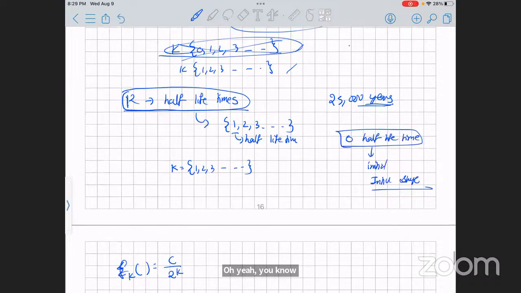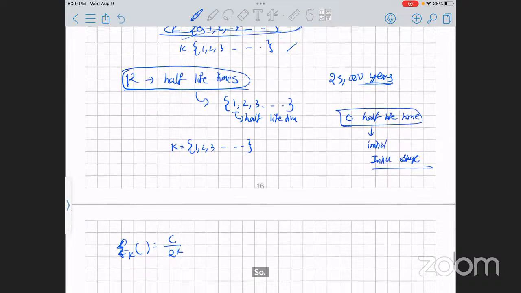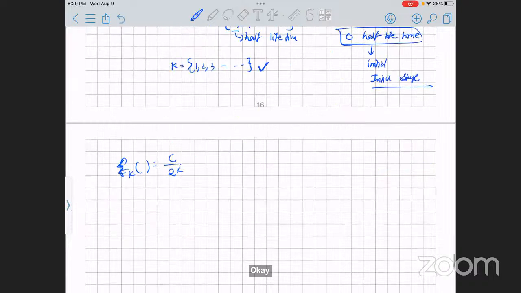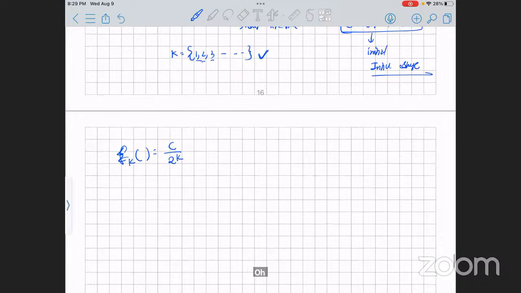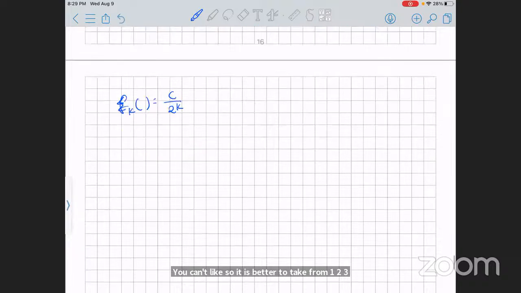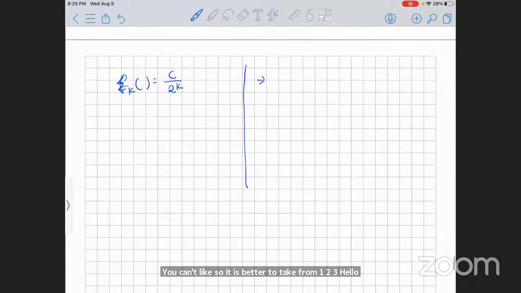But look, you are concentrating on this, like what is the decay? It is better to take from 1, 2, 3. And then you can also see there is another method. Look, first half lifetime.